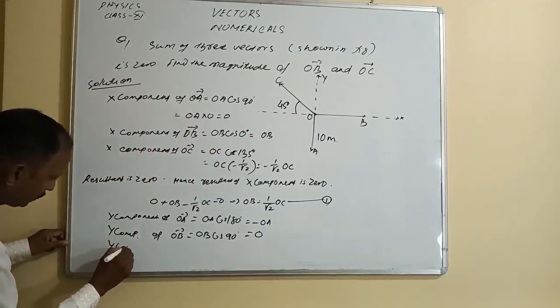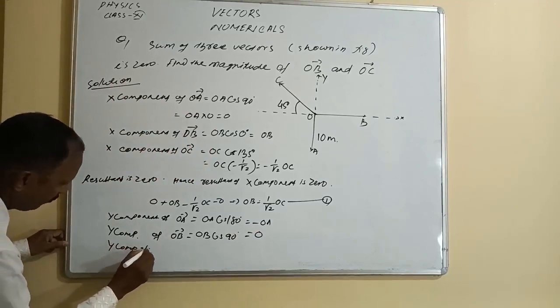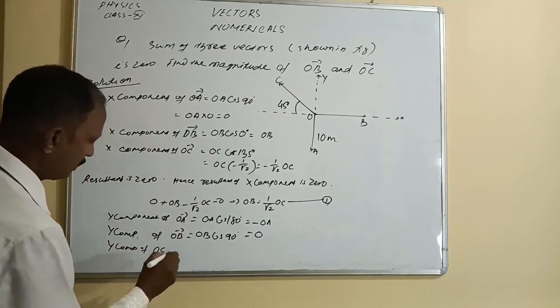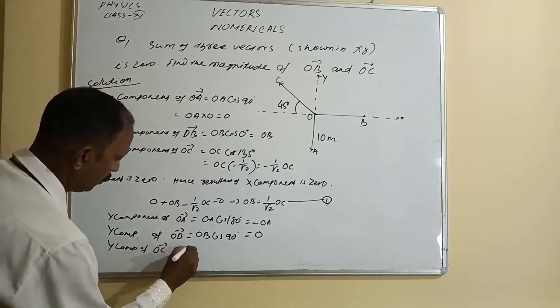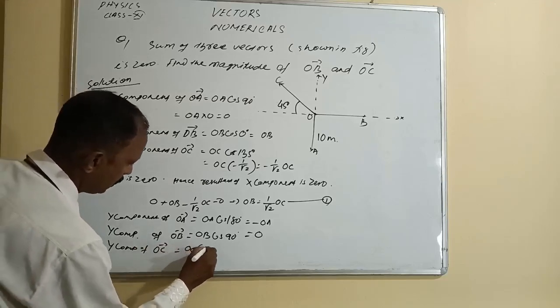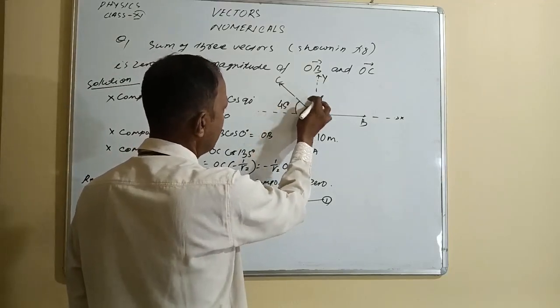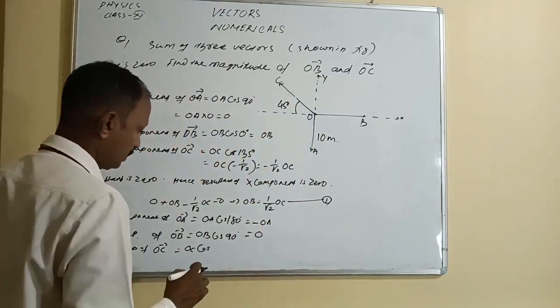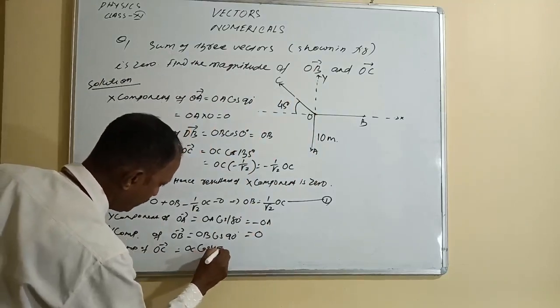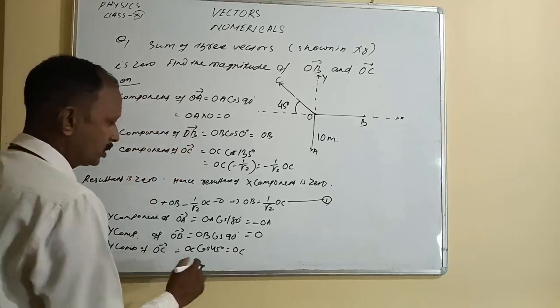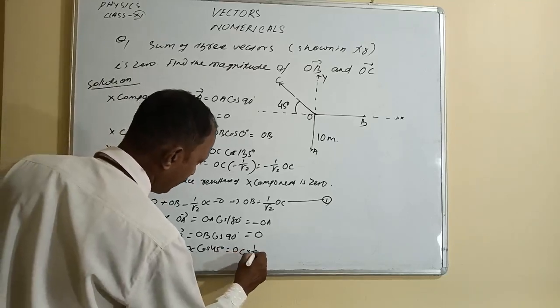The y component of OC is equal to OC cos 45 degree, because with the y-axis it is making 45 degree. That means OC into cos 45 degree, that is 1 by root 2.